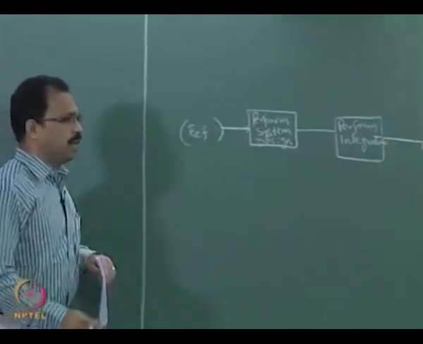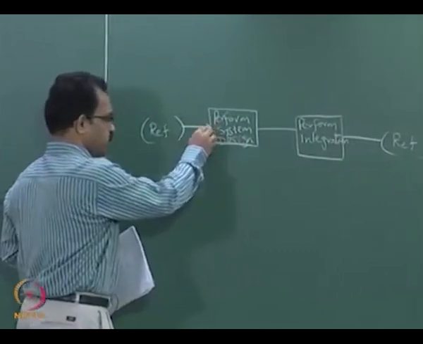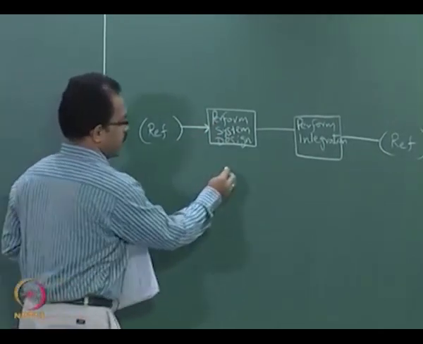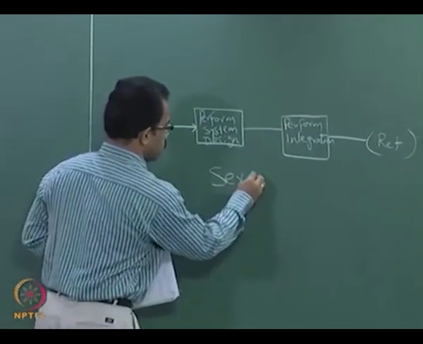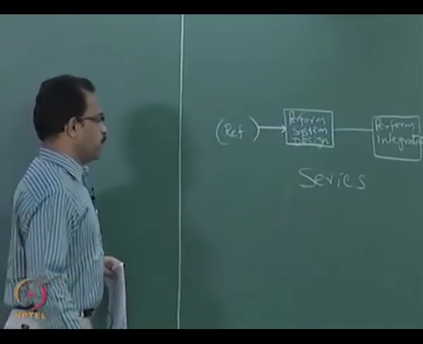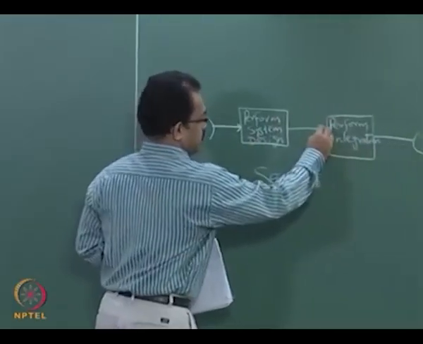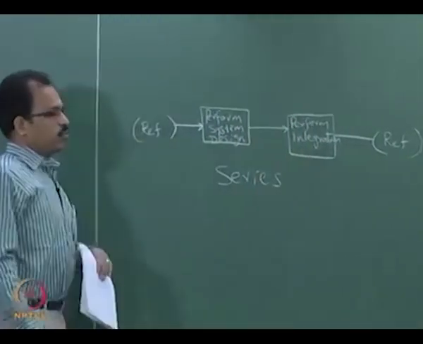Again it appears to be a very simple case, because we are stating something very obvious, but this is how we show the series execution of functions in the function flow block diagram. We complete this function and then go to the next function.